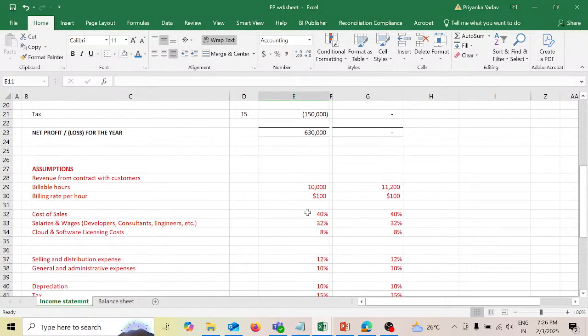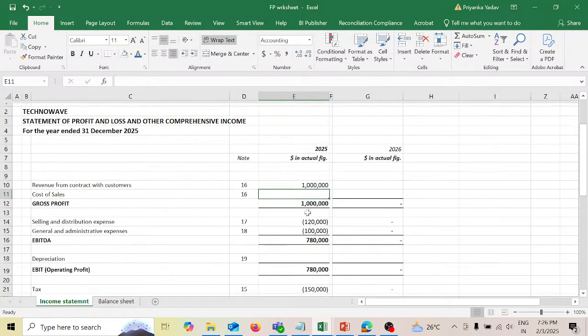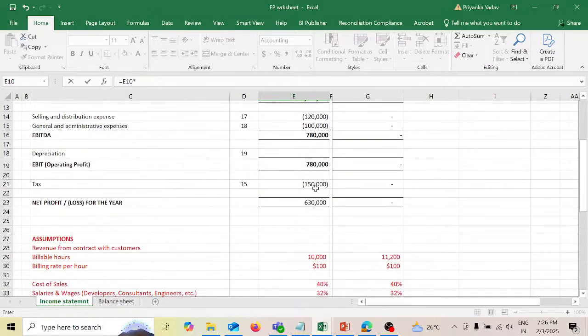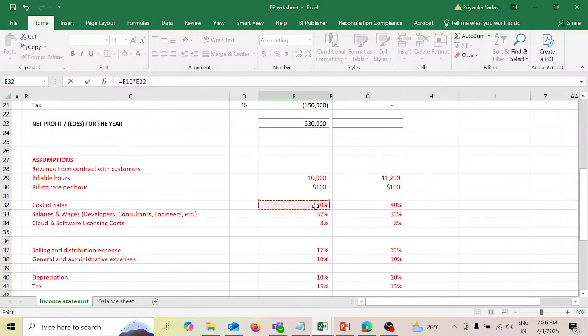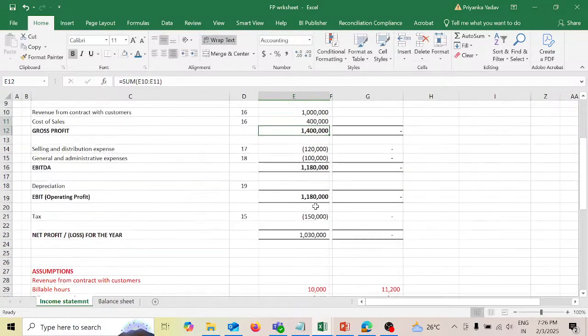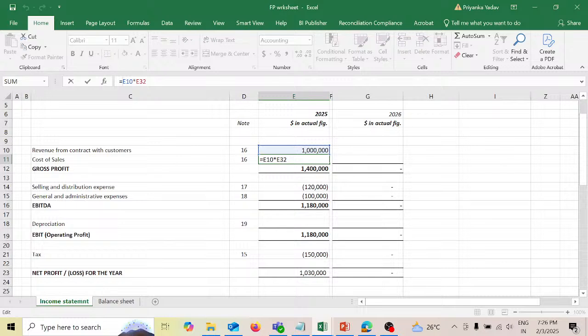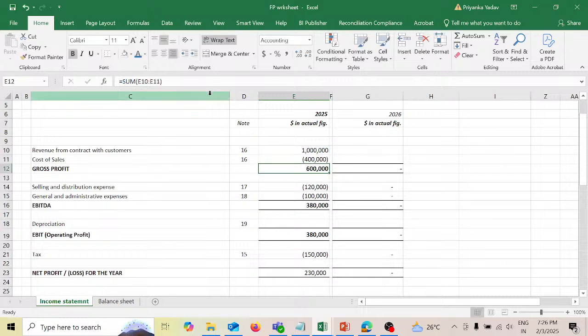Here we are taking 40% straight away on the revenue. Since this is an expense, the cost of goods sold, we'll make it negative. Over here we'll put a minus sign. For all the expenses we're going to put the minus sign.